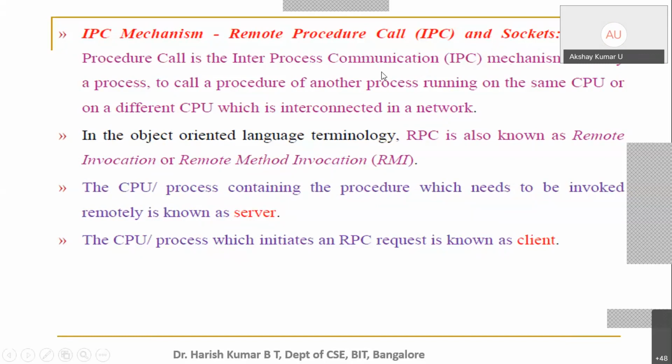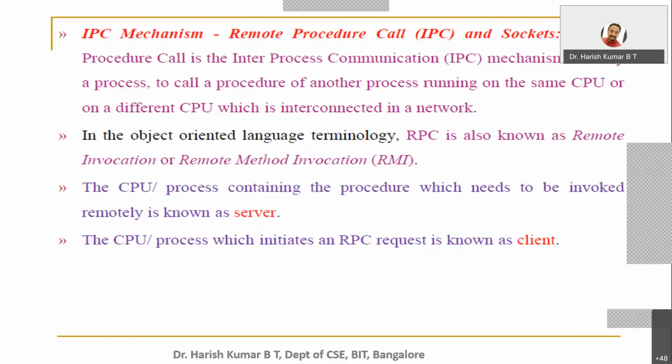And this mechanism, RPC, is used by a process to call a procedure of another process running on the same CPU or on a different CPU, which is interconnected via the network. When I say the network, it could be a wired network or a wireless network.